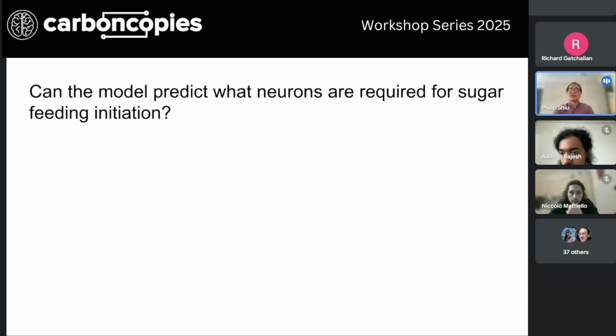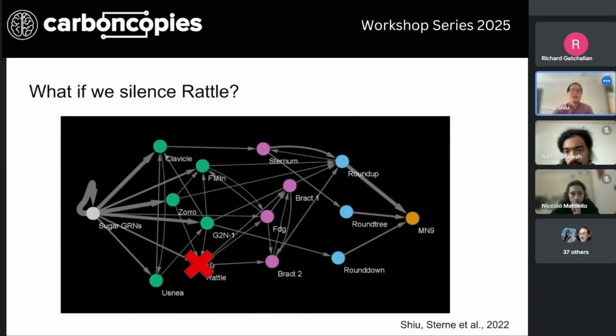So we also wanted to know whether or not the model can predict which neurons are required for sugar feeding initiation. So in this set of experiments, what we would do is silence Rattle and ask, okay, how does computational silencing of Rattle result?